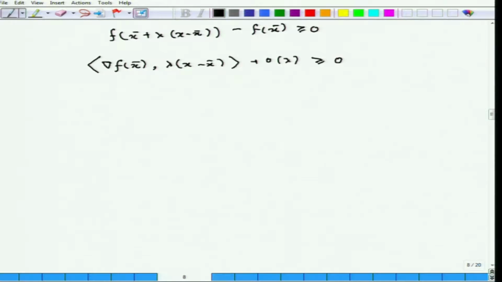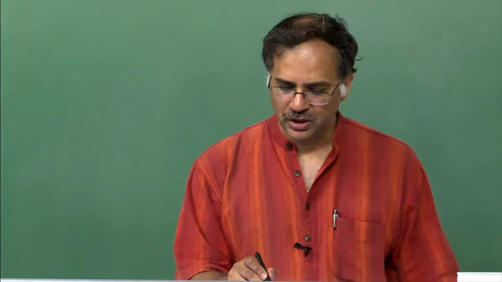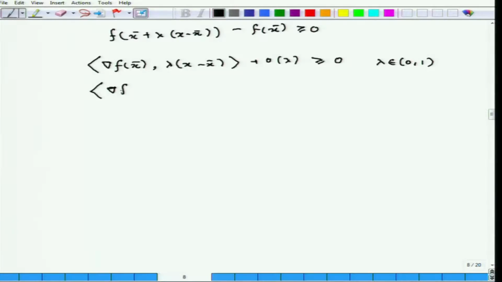Now, this is true for whatever lambda you take between 0 and 1. So, I can now divide by lambda on both sides because lambda is a positive quantity. I go on dividing by lambda, which would lead to an equation of this form.